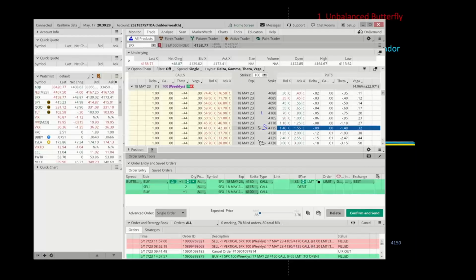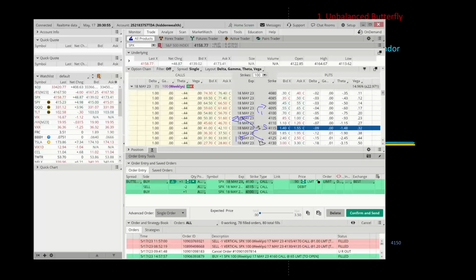It's going to cost me $1. How do I get it cheaper? By moving my strikes down one. So I'll buy a $15 wide and sell a $20 wide. So 15 by 20 would be buying a $15 spread, selling a 20.